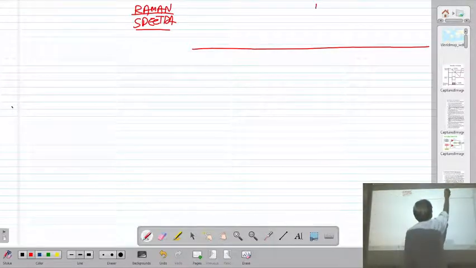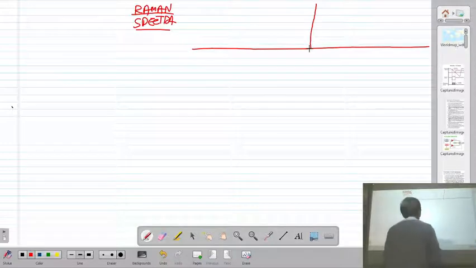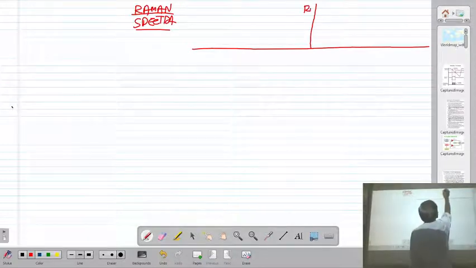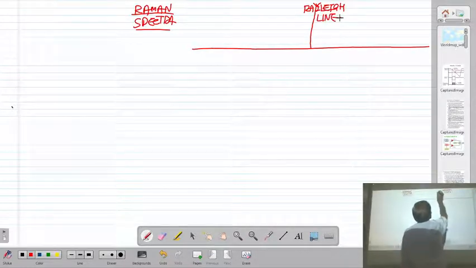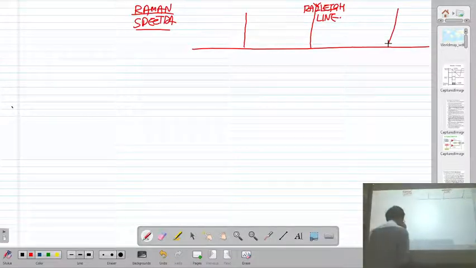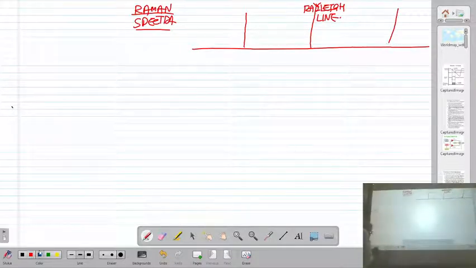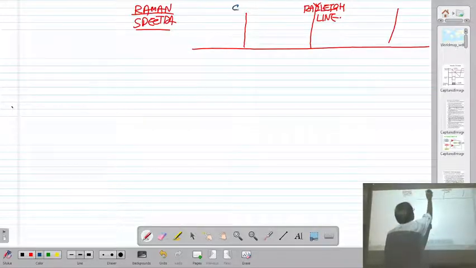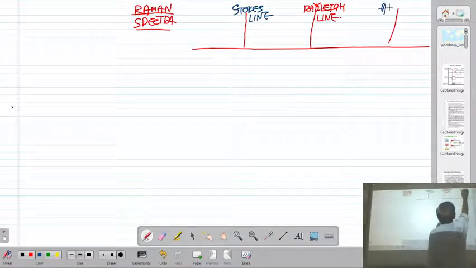One is the Rayleigh line, another the Stokes line, and the anti-Stokes line. This thing we have discussed. So this is Stokes line. This is anti-Stokes line.